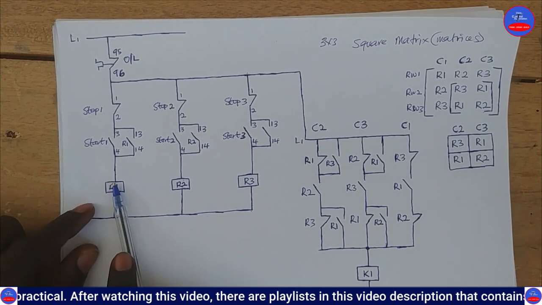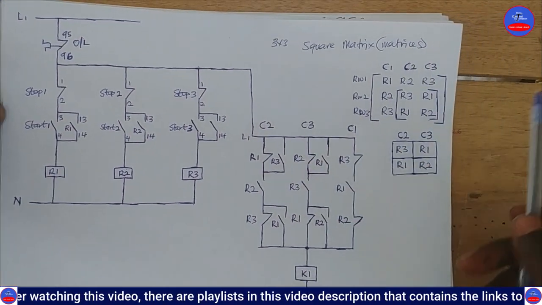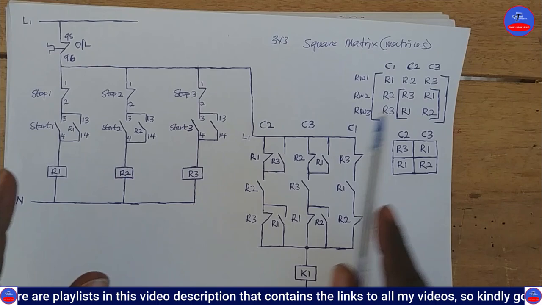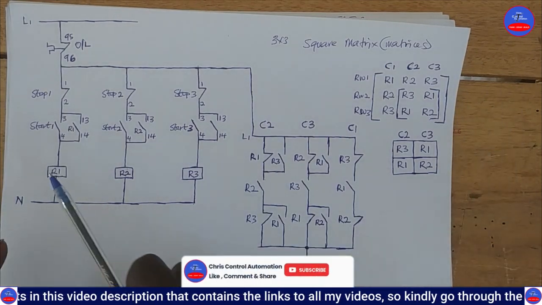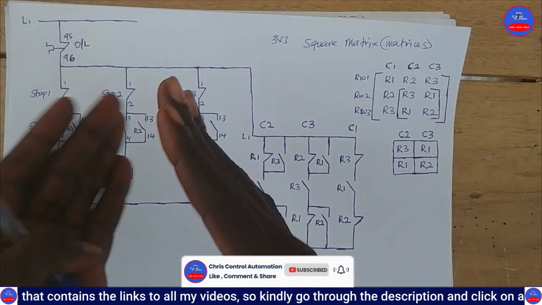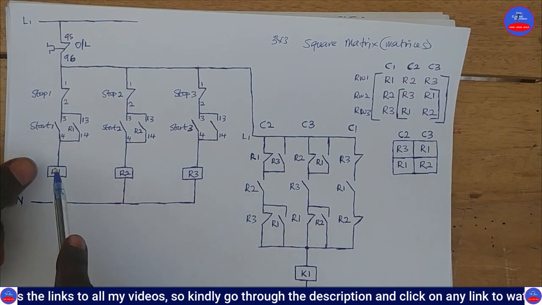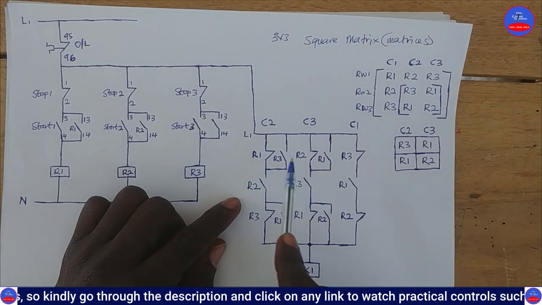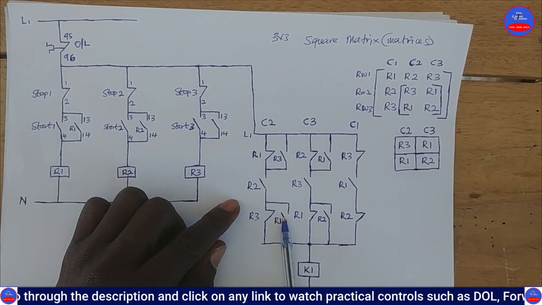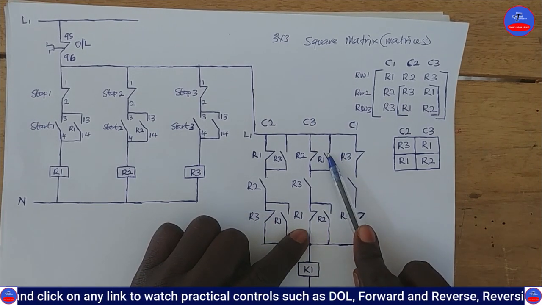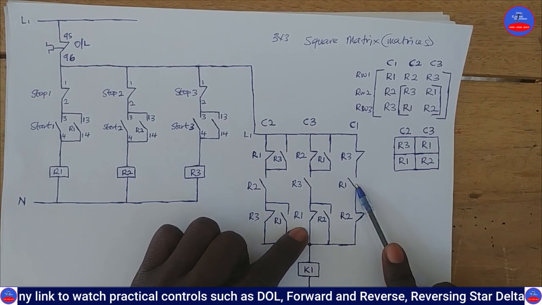Now, the moment the R1 energizes, let's come to this logic circuit. The moment the R1 energizes, all the contacts on the R1 will change their state. So this side would open, this side will close, this side will open, this side will close, this side will close.